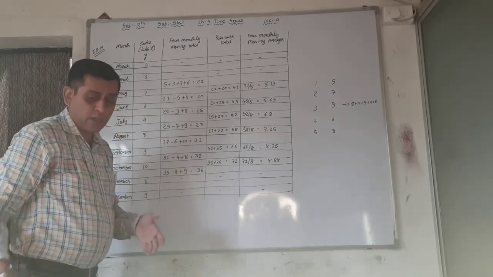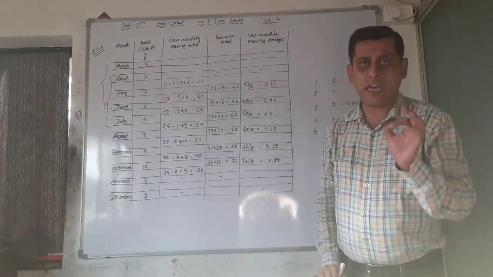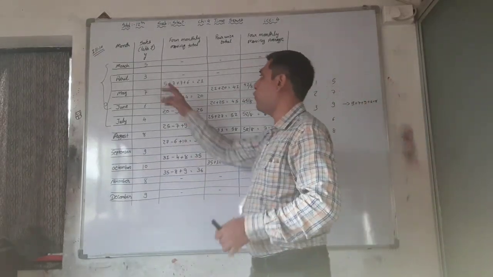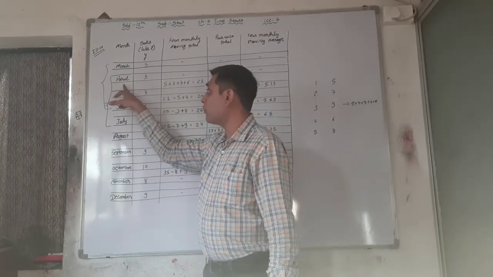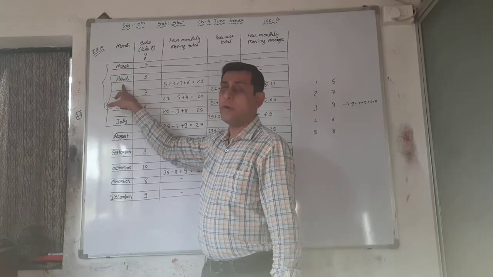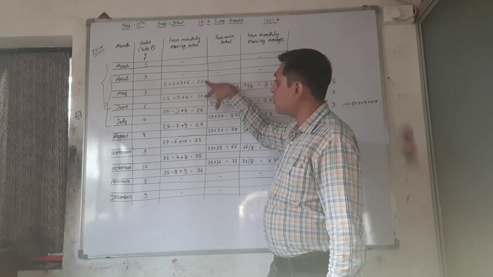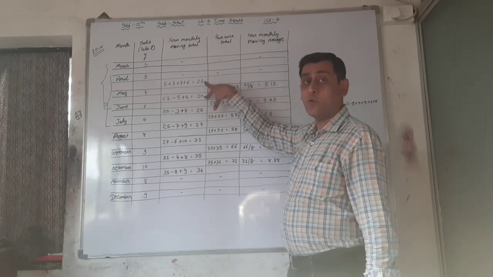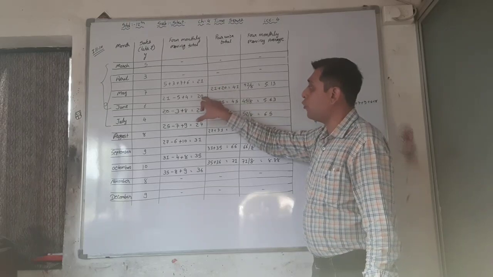See again, in a 4 year moving average, one difficult point is that you have to first of all write the total in the middle of the first 4, that is after 2 or before 3, the middle line of this. Then we have to write 2 monthly moving totals between these two, that is 4 months here and 4 months here.